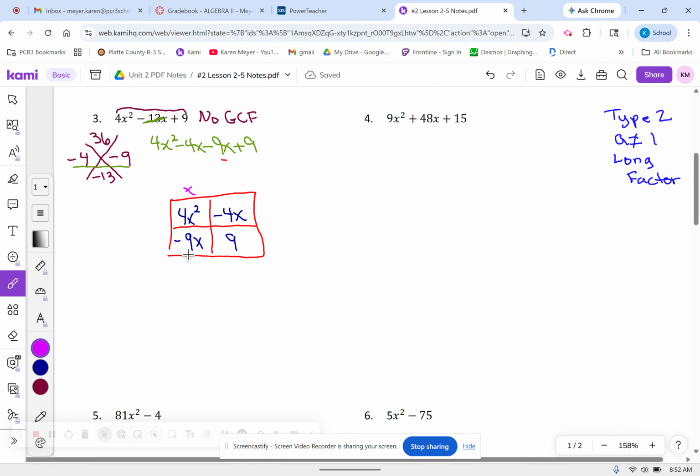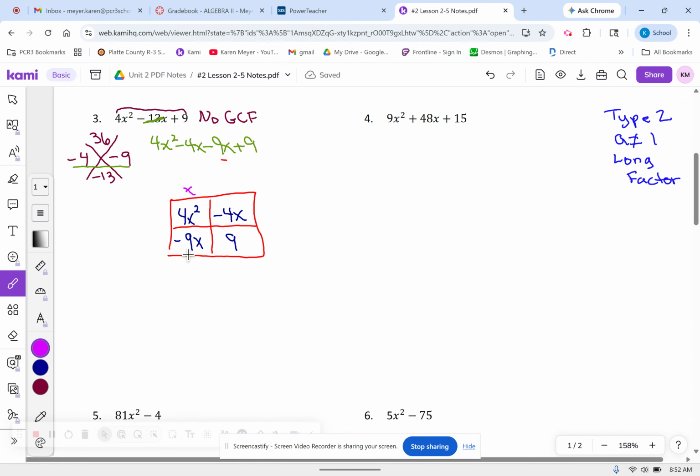X times what makes negative 9x? And that would be negative 9. And then let's check to make sure we're right for the last spot. Is negative 9 times negative 1 positive 9? Yes, it is. Okay, so once you have the information on the outside of the box, then we know that we can go make our final answer.